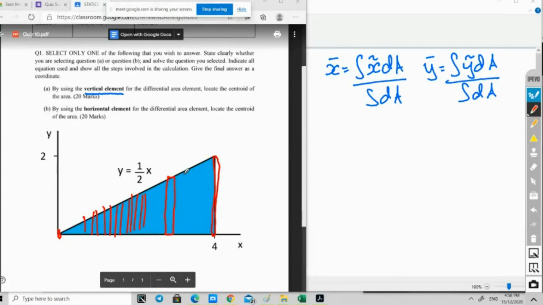From there, you know straight away that the limit will be from 0 to 4, because that's the integration from the first element to the last element. By now, hopefully you understand that the limit of the integration does not have any relation to whether you calculate for x or y. It is about how you divide your area, regardless of the equation.